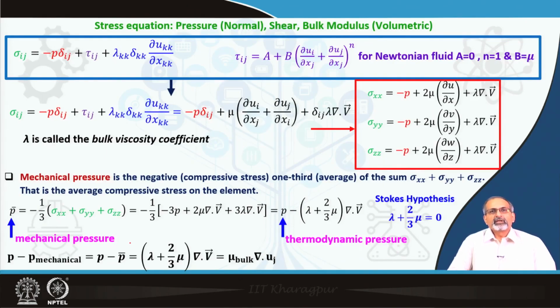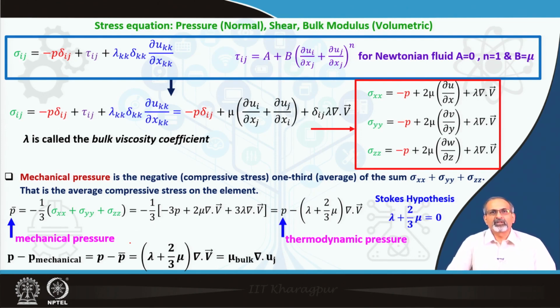It is a good time to recall the stress equation once again, which contains the normal components in the form of pressure followed by shear, and the bulk modulus, which is associated with the volumetric aspect.